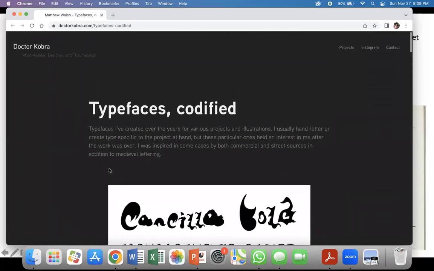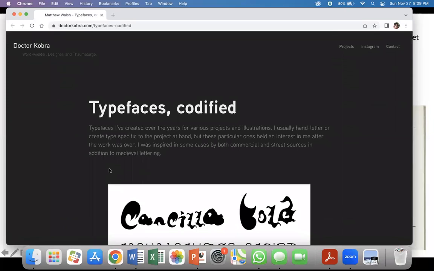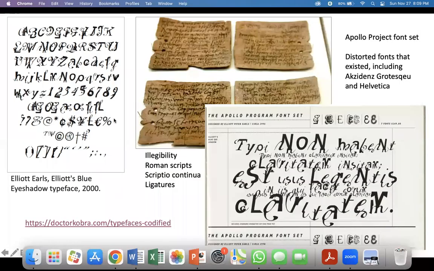The question is, who do they sell this to? And so that's what we're gonna see in just a minute. But Dr. Cobra again is working under the direction or inspired by Elliot Earls. Okay. All right, so closing that, and let's move on.